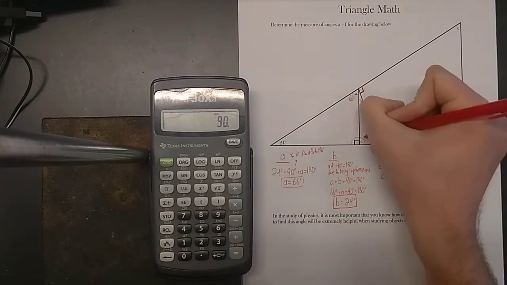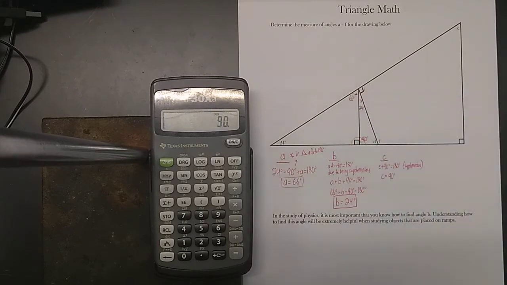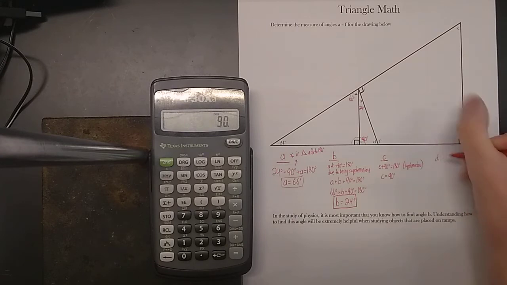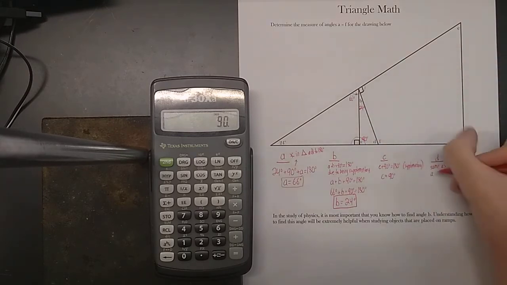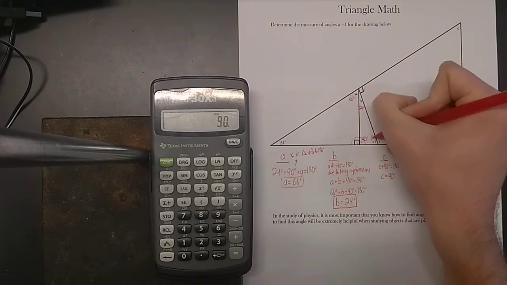C must be a 90-degree angle. The whole thing is 180, but if this is already 90, this also has to be 90. D, through the same logic as A, I have a triangle with a 24-degree angle, a 90-degree angle, and an unknown angle. D must be 66 degrees.